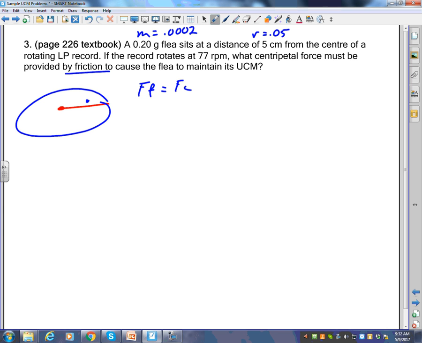We care about it being in seconds, so the first step is to convert that. 77 revolutions in 60 seconds, divided by 60, gives us 1.28 revolutions in 1 second, which is in hertz, and that is known as the frequency.